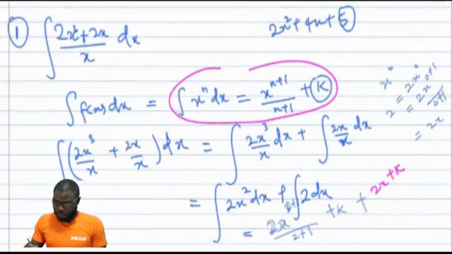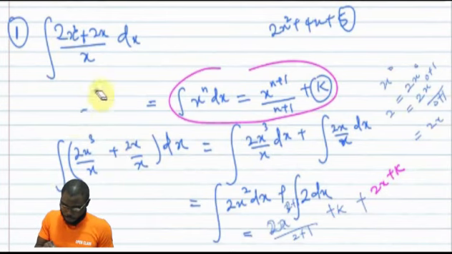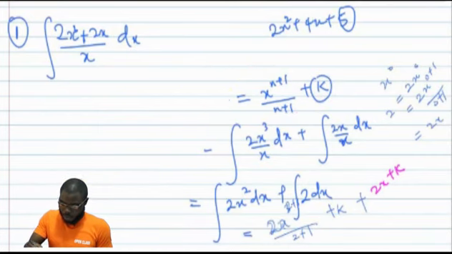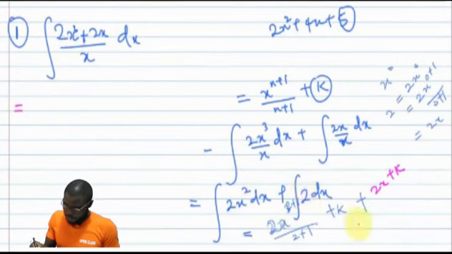Now let me clear up the screen a bit so that we can have space to ourselves. Now what we're saying is that by the time you integrate it, we're going to have 2x raised to the power of 3, because 2 plus 1 is 3.